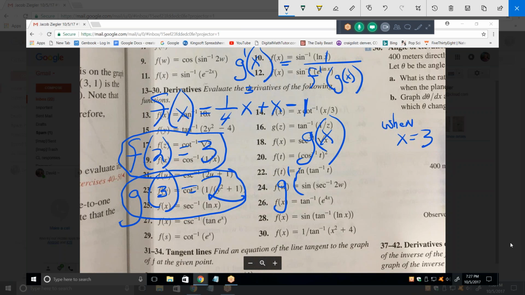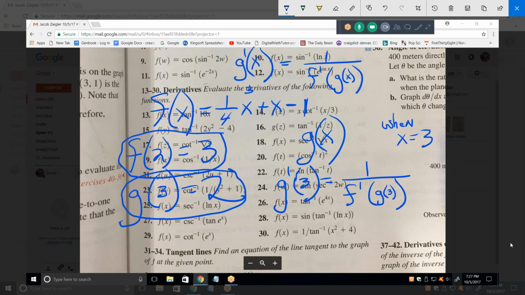What is g prime of 3? Well, plug it into the formula. It's 1 over f prime of g of 3. With me? That's all I did was plug it into the formula.